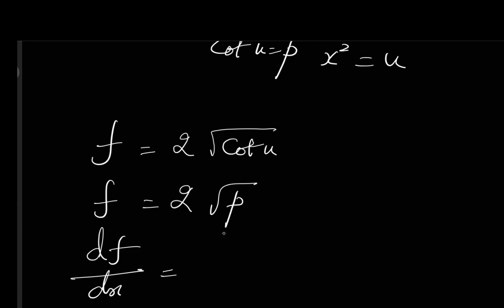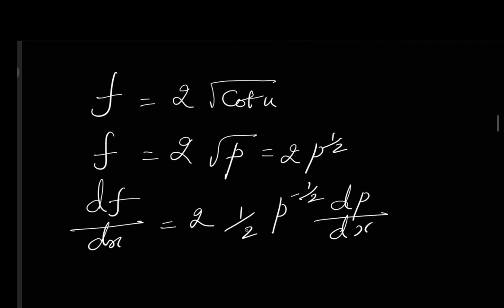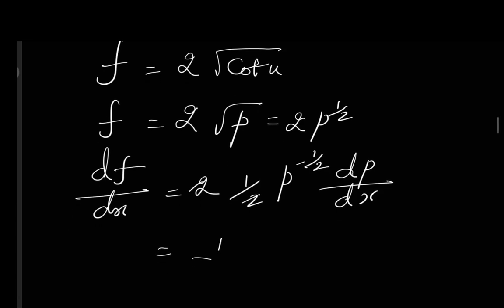So it is a function of p. So 2p to the power half. Root means p to the power half. Bring half to the side. P to the power half minus 1, that is minus half, into dp by dx. 2 gets cancelled. So minus half means 1 by root of p dp by dx.